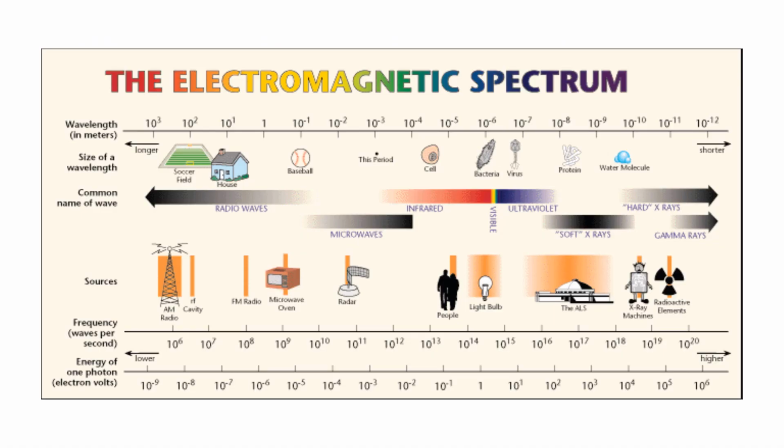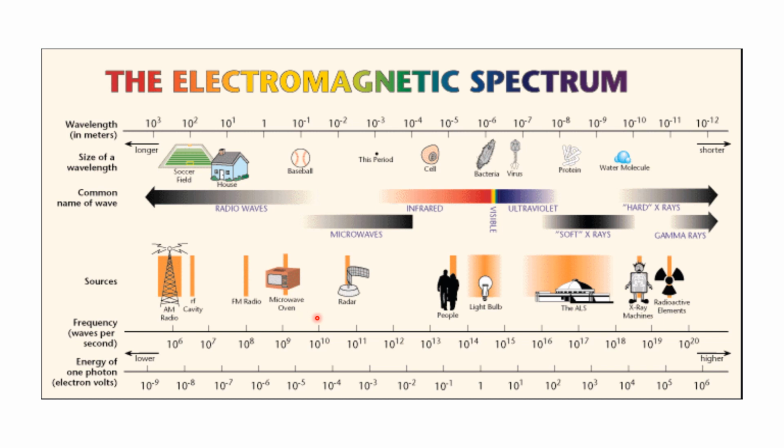So here is a diagram showing the different examples of electromagnetic waves. So, ang mga common name ng wave natin ay radio waves, microwaves, infrared, visible, ultraviolet, soft X-rays, hard X-rays, and gamma rays. Sa radio waves, ang sources natin ay AM radio, RF cavity, FM radio, and microwave oven.